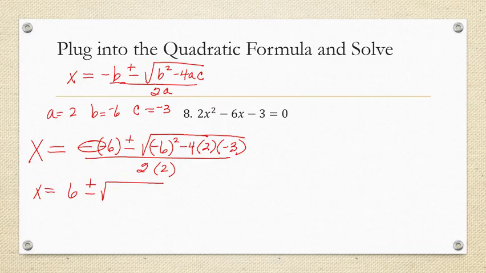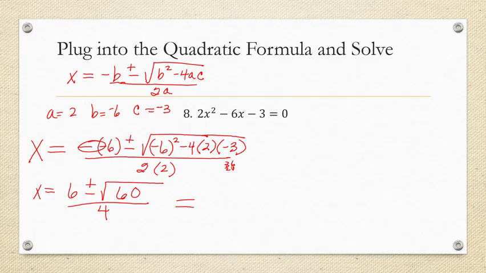You can go ahead and punch this all straight into a calculator. You can get 36 plus 24. That's going to give you 60. 2 times 2 is 4. Because 60 is bigger than 0, we're going to get 2 real solutions.